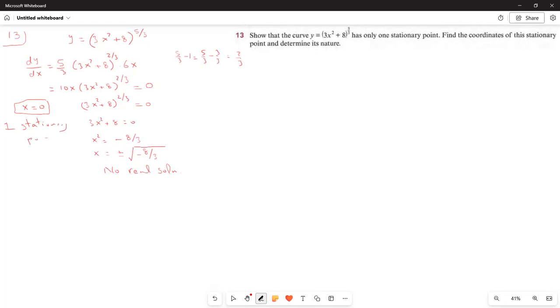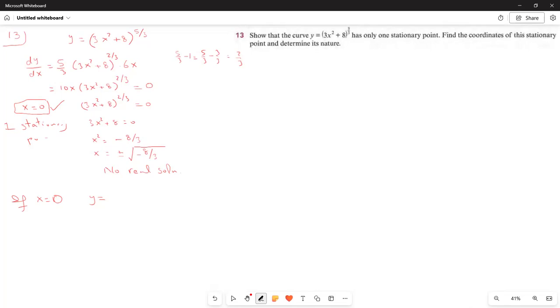Okay, now what are the coordinates? If x is 1, what's the value of y? Sorry, x is not 1, x is 0, right? This is x equal to 0.